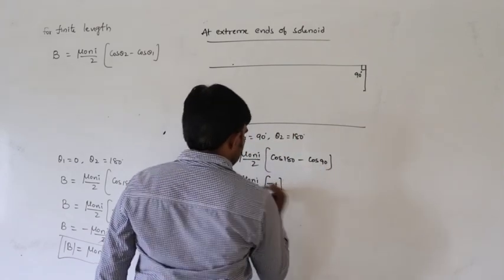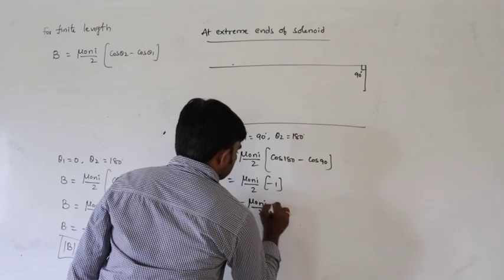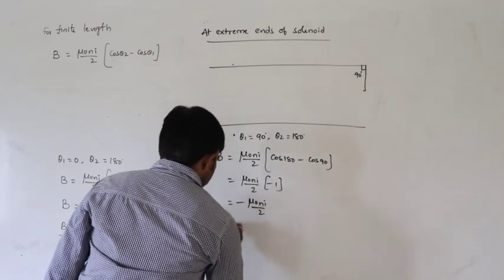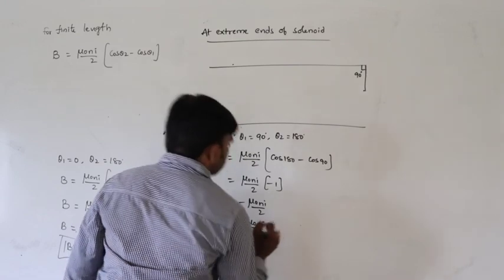Cos 180 is minus 1. So that is equal to minus mu naught Ni by 2. So the magnitude of the magnetic field is mu naught Ni by 2 at the extreme end.